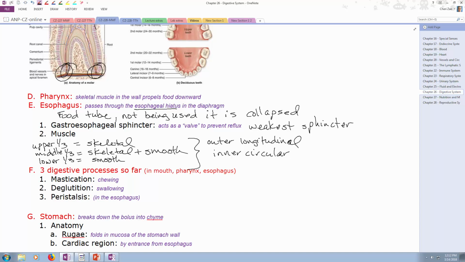The esophageal hiatus is supposed to be only large enough for the esophagus. What happens if it becomes dilated or too big? You get a hiatal hernia. And what is actually herniating through that esophageal hiatus? Is it the esophagus going into the abdominal pelvic area, or is it something else coming up into the thorax?